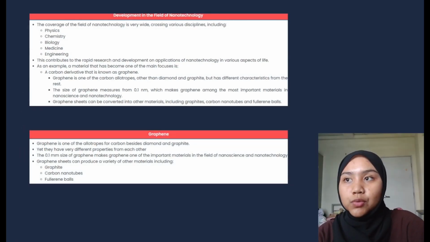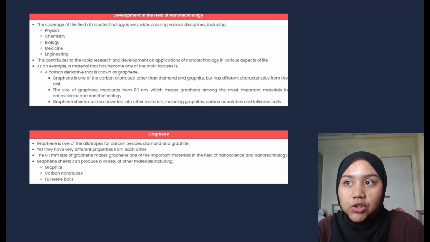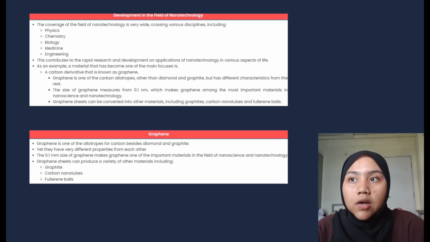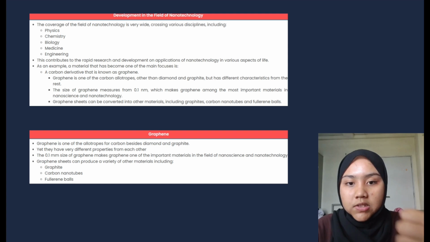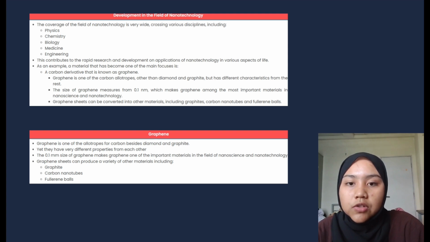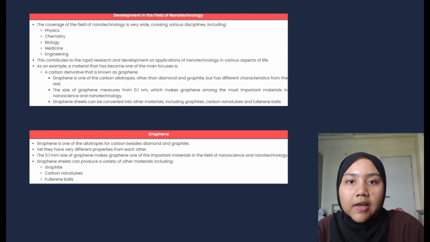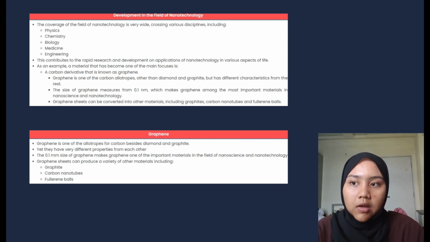Next we go to development in the field of nanotechnology. The coverage of the field of nanotechnology is very wide, covering various disciplines including physics, chemistry, biology, medicine and engineering. These contribute to the rapid research, development and application of nanotechnology in various aspects of life. For example, graphene.